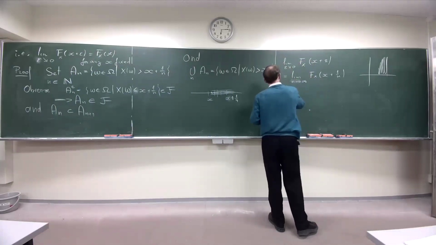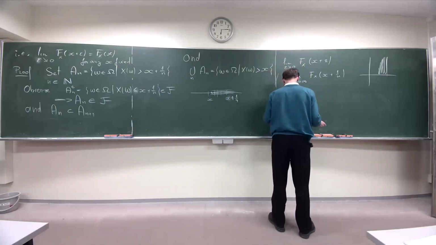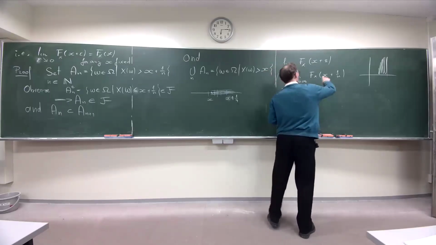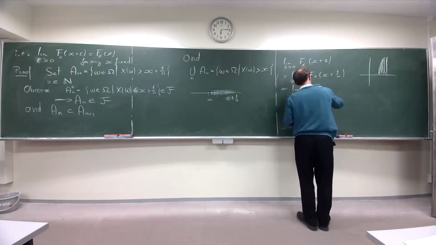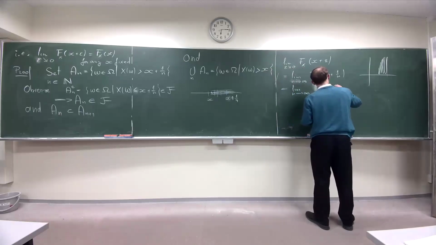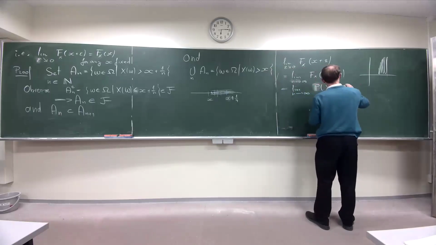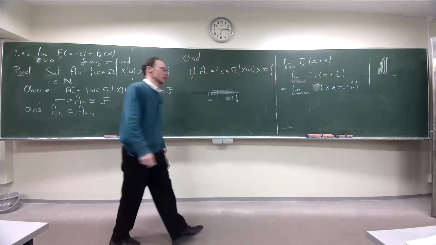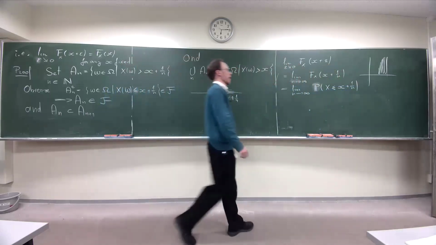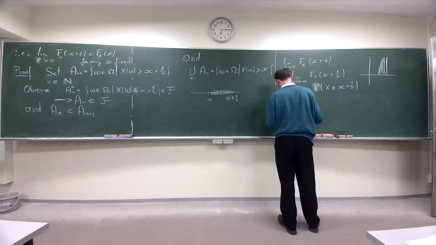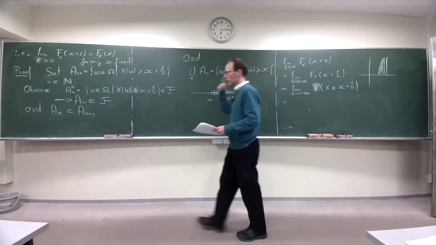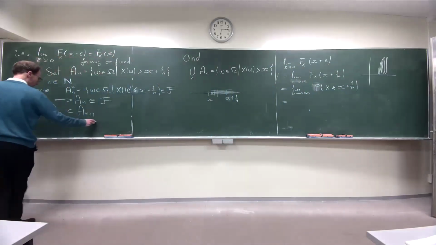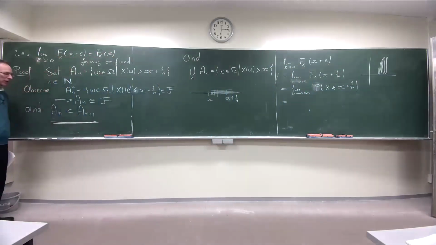Okay, so let me write what it is. By definition, this is the limit as n goes to infinity of the probability of X smaller or equal to x plus 1 over n. This is the definition of this function F. And now I use something that we have seen about continuity of probabilities.